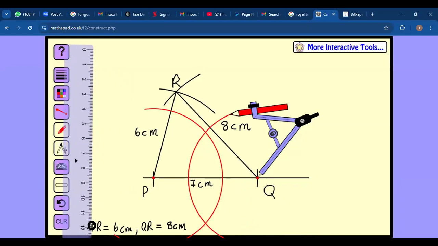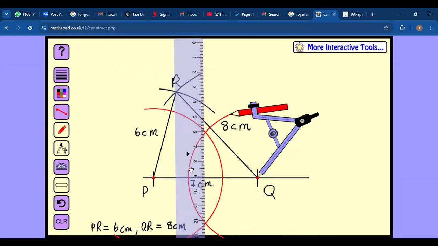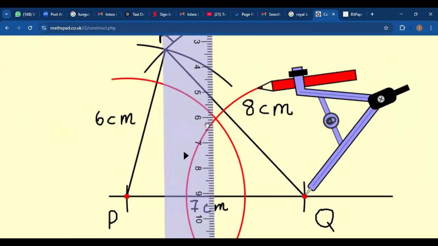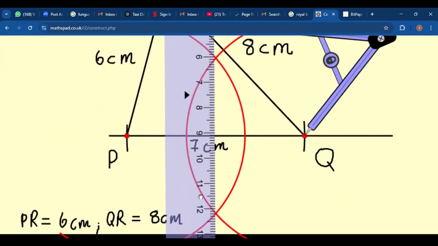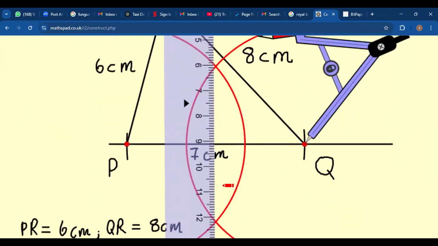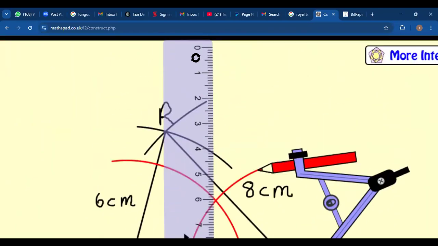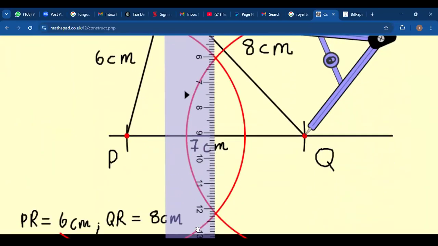So I'm going to draw a line. It's going to go right there and right there. That's not straight, so we straighten it now. Good.